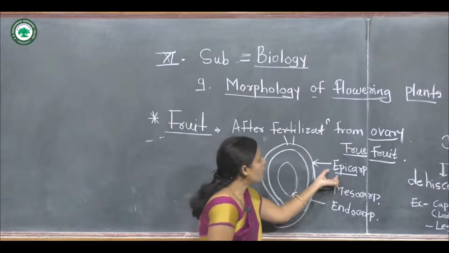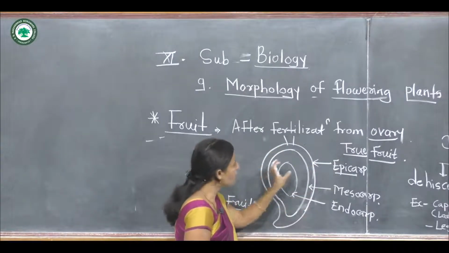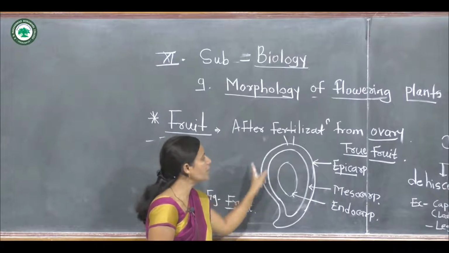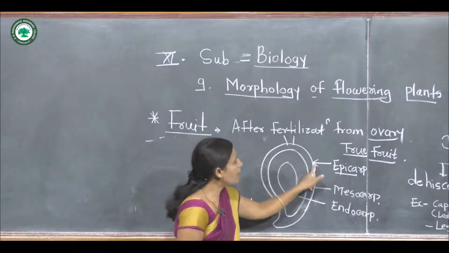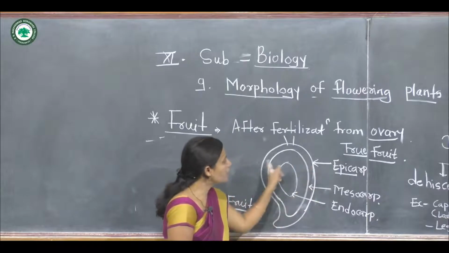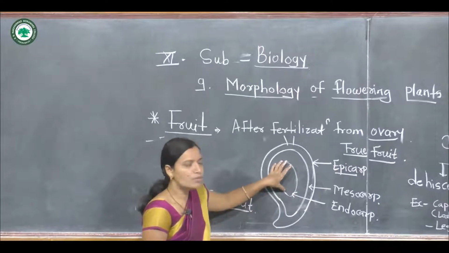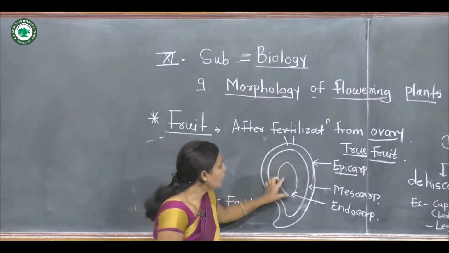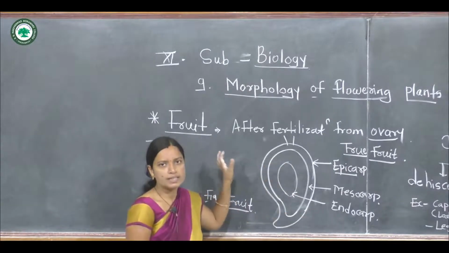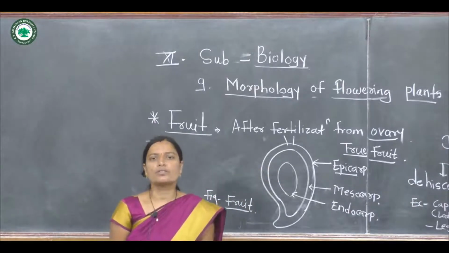The epicarp is the outermost part; in immature fruit it is green and important for photosynthesis. The middle portion, the mesocarp, is the edible portion of the fruit. The innermost part, the endocarp, surrounds the seed and is the hard part of the fruit. This is the typical structure of fruits.